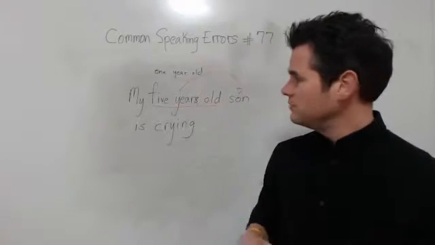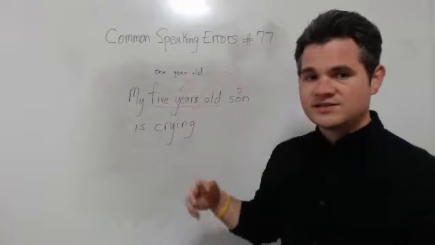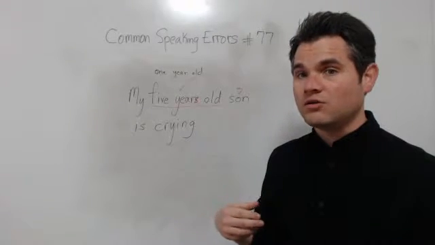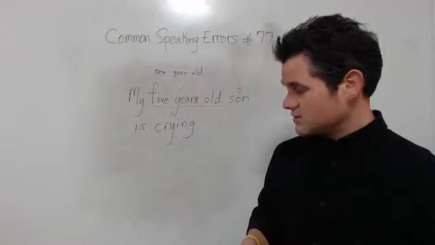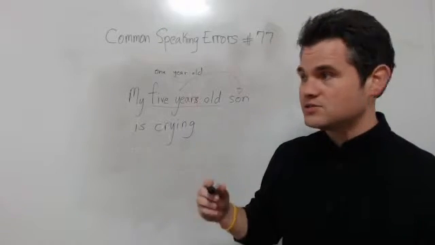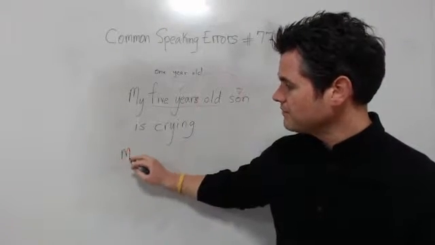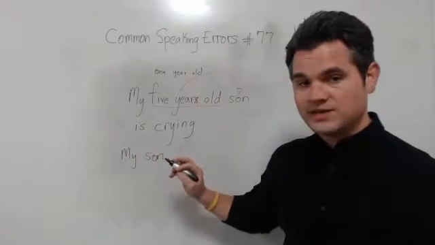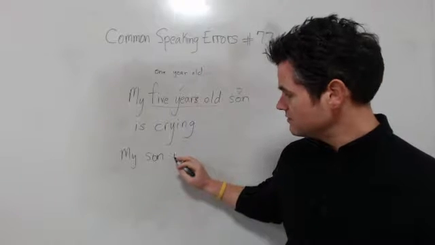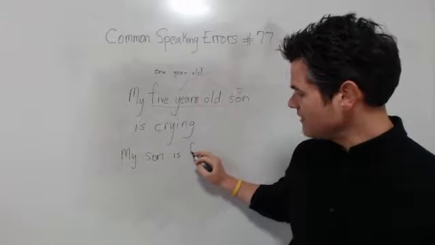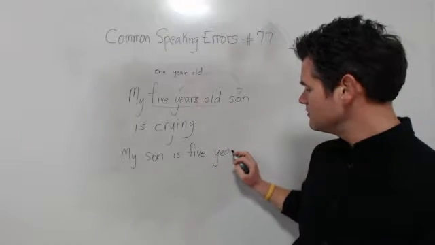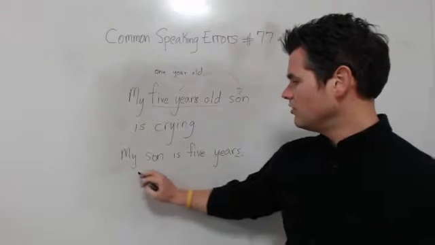Now, when we're going to use the S is when we are describing our son or our daughter's age. So in this case, if we start our sentence with my son, you would say, "My son is 5 years old."